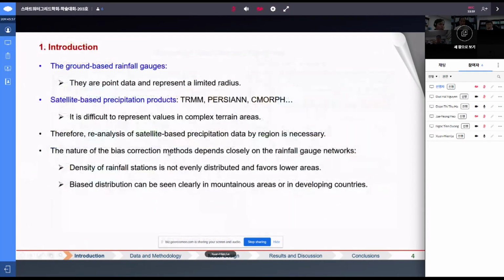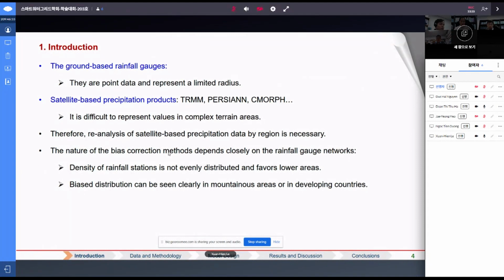The question is why we need bias correction for satellite-based precipitation data. Currently there are some kinds of rainfall data, for example, ground-based rainfall gauges and satellite-based precipitation products. However, ground-based rainfall gauges are sparse data and represent a limited area around the location of the device.